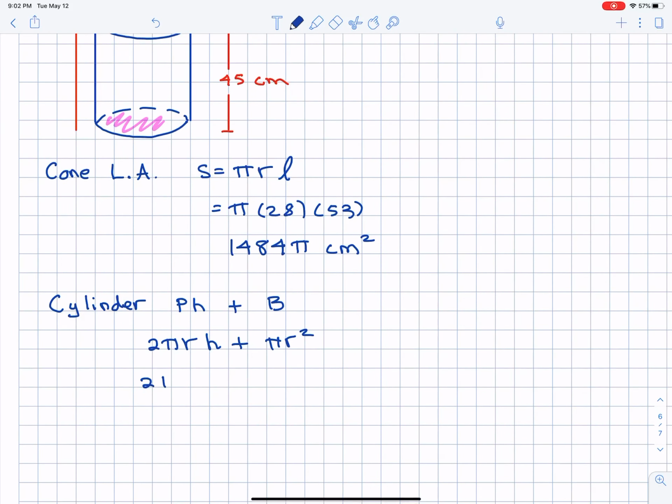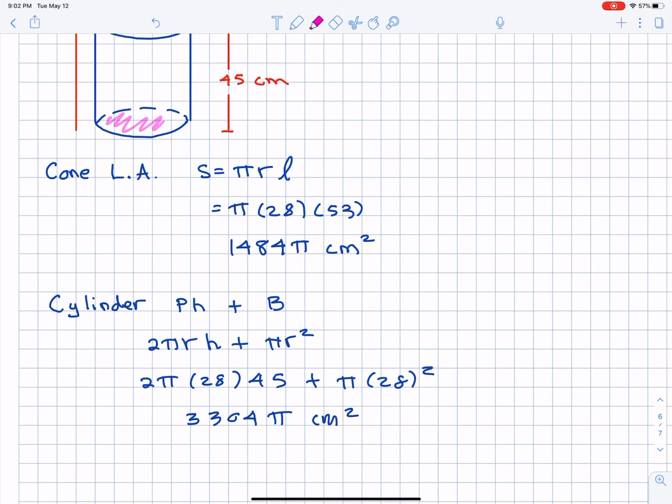We have 2 pi times the radius, which is 28, times the height, which is 45, plus pi times 28 squared. Okay? So when we simplify this, we're going to get 3,304 pi. And of course, that is centimeters squared.